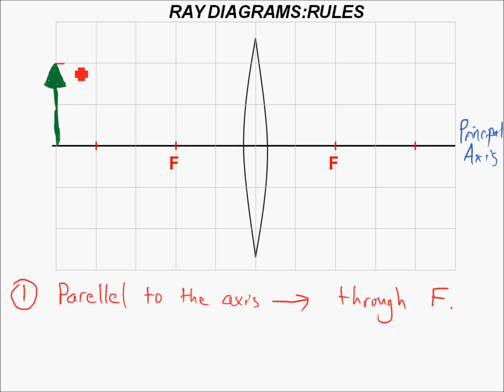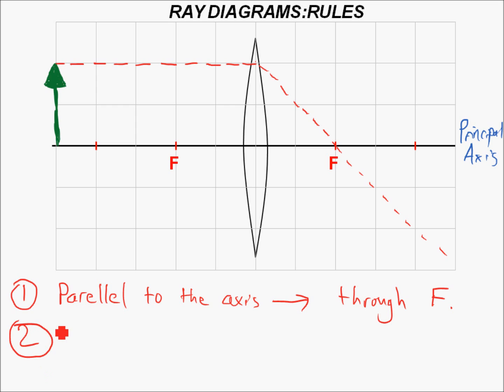So a ray here parallel to the principal axis. Now I'm doing this freehand, you will do this with a ruler. Once it hits this line straight through the middle, it is going to be deflected straight through this focal point. So it goes through there and continues on the other side. This is rule number one.